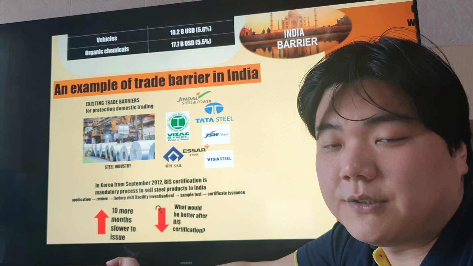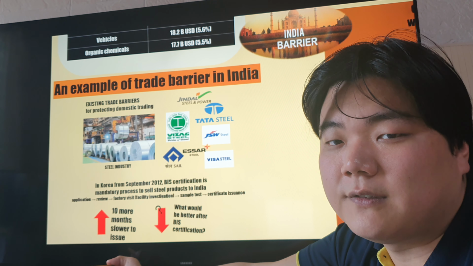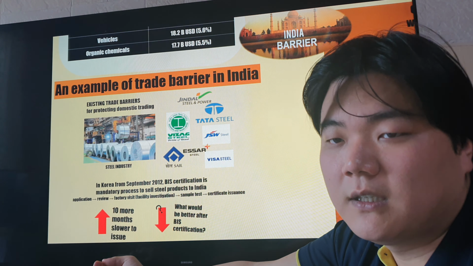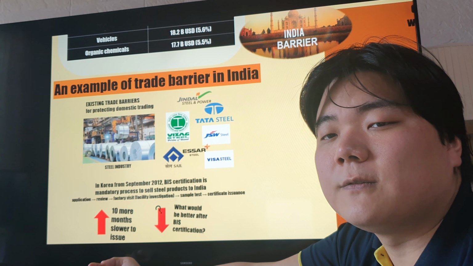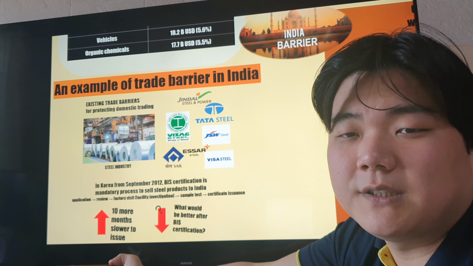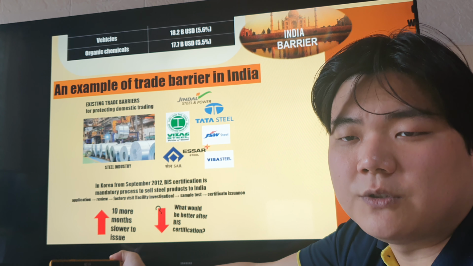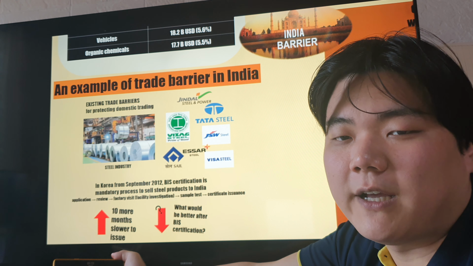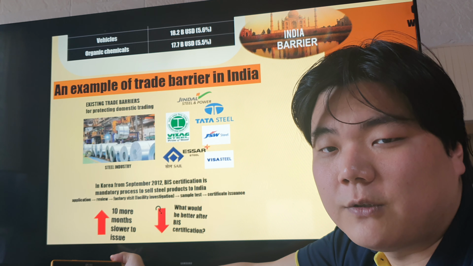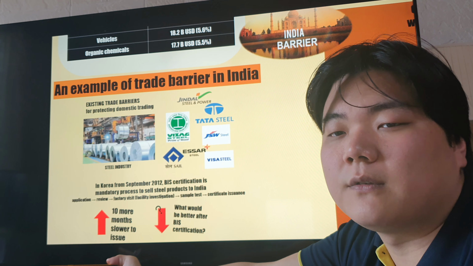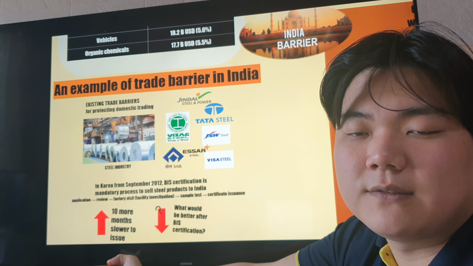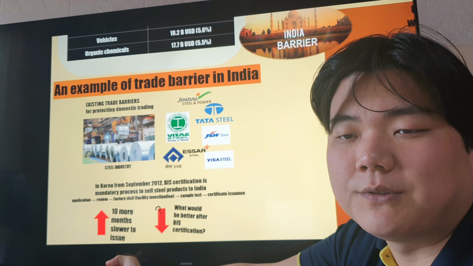We chose the steel industry as a representative. Starting in September 2012, it is mandatory to obtain BIS certification from standard countries to export 50 steel products to India. Such a system is in place to ensure quality, safety, and reliability of products distributed and imported to India, to prevent distribution and import of products that are unsuitable for standards, and to protect consumers.